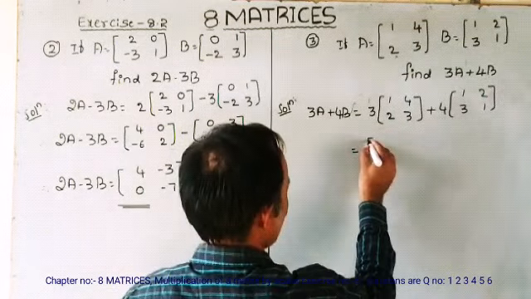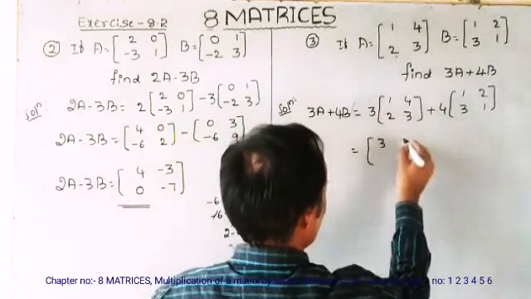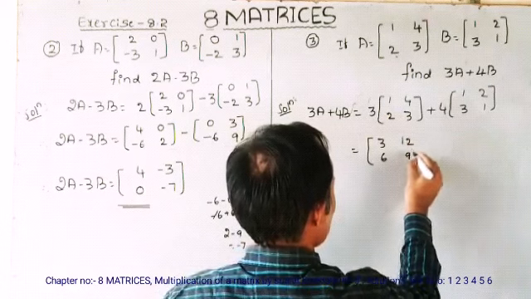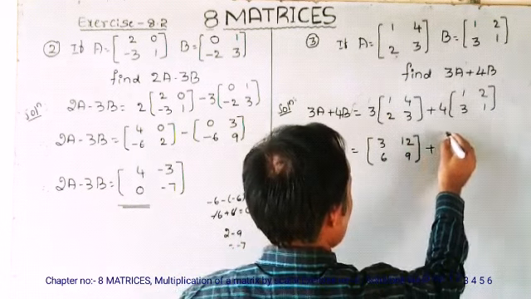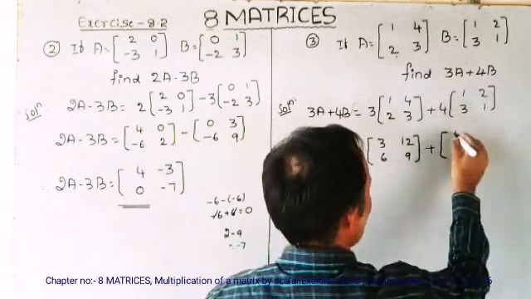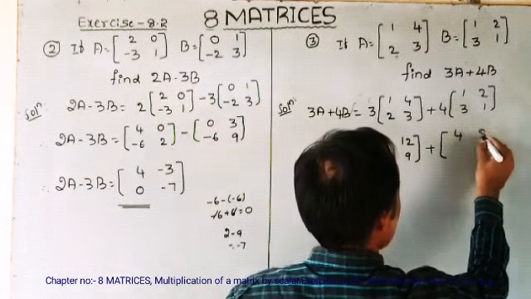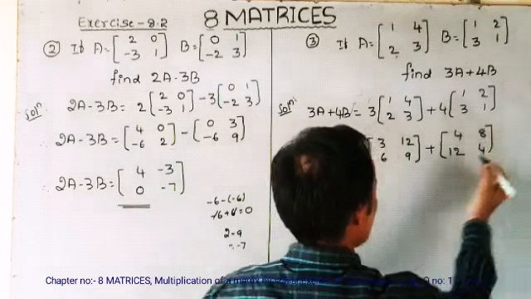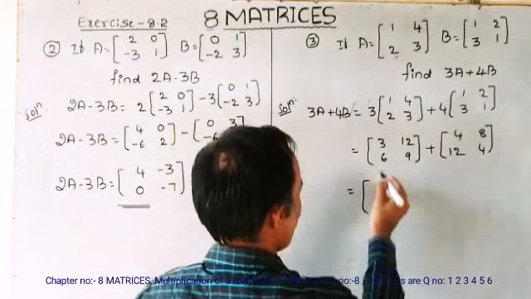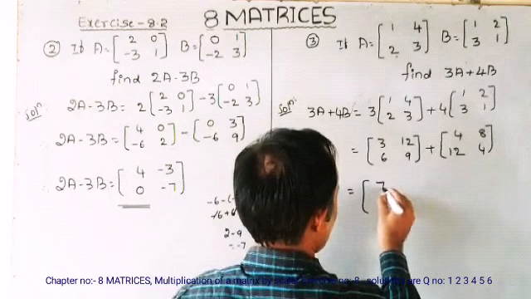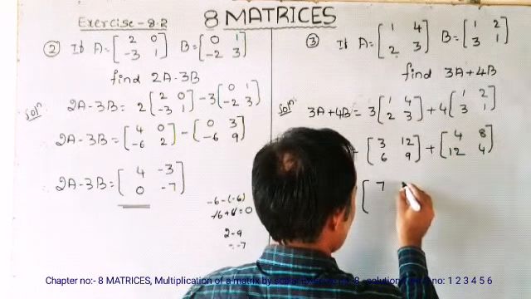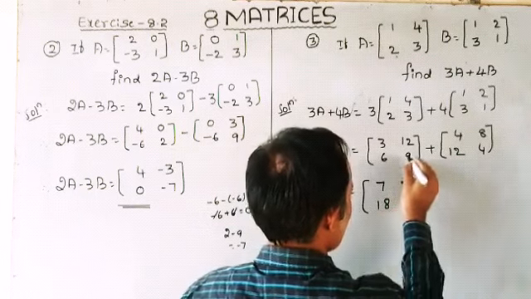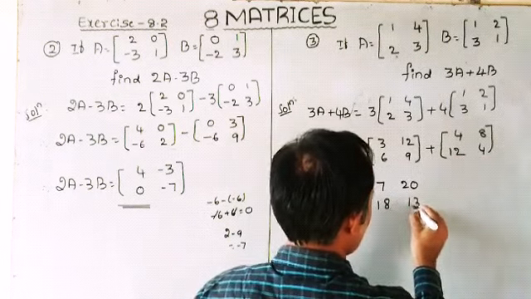So this is equal to 3 into 1, 3, 3 fours are 12, 3 twos are 6, 3 threes are 9, plus 4 into 1, 4, 4 twos are 8, 4 threes are 12, 4 into 1, 4. So this is equal to adding corresponding elements: 3 plus 4, 7, 12 plus 8, 20, 6 plus 12, 18, 9 plus 4, so 13.